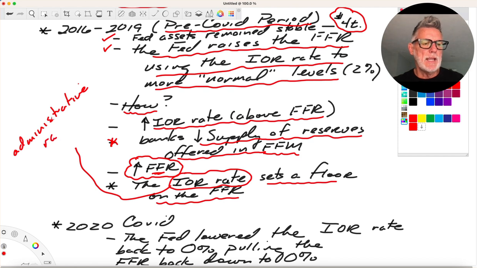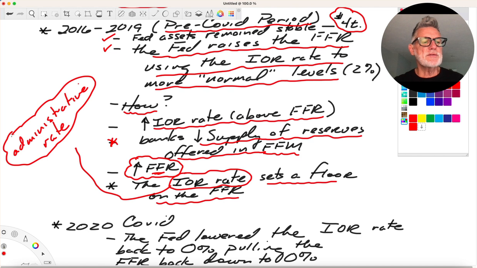The idea here is that before this, the Fed could manipulate the federal funds rate, but not really directly control it. But now with this IOR rate, the Fed can directly control the federal funds rate. And this gives the Fed a very powerful tool for moving that federal funds rate in the short run.